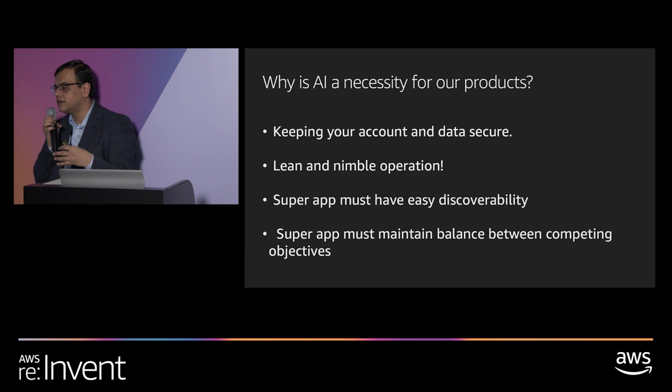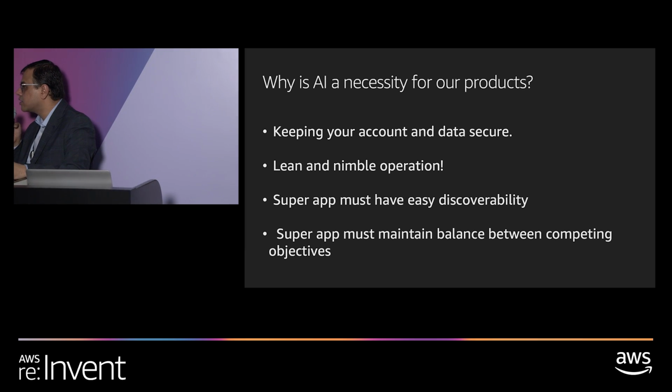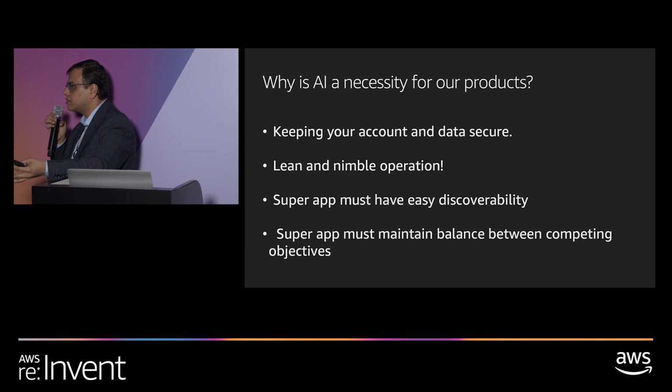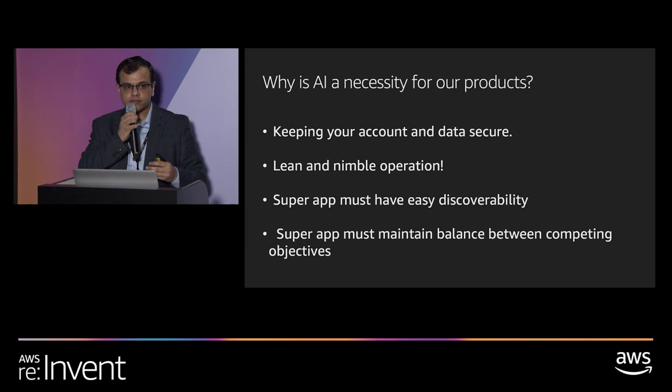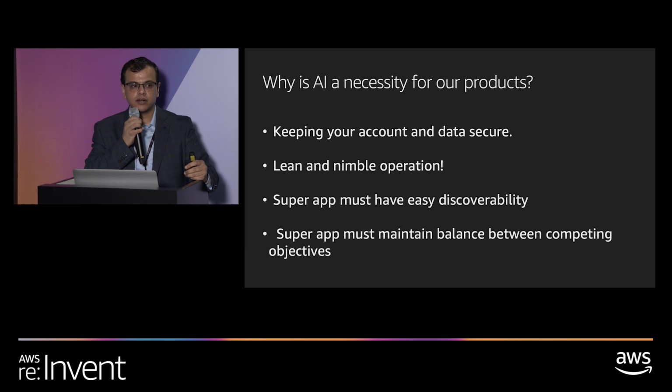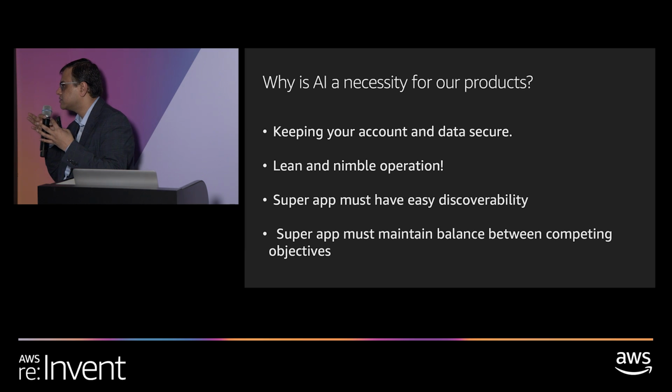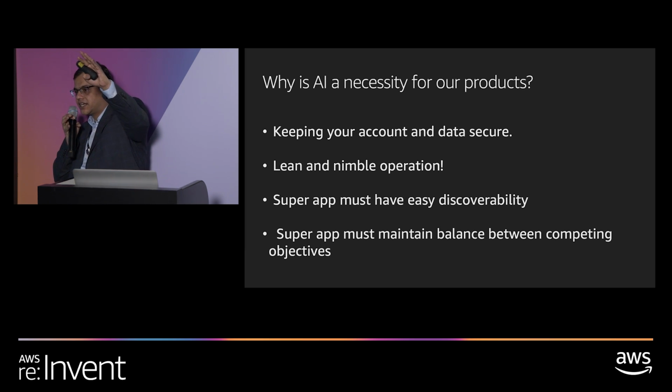Similarly, on the mall side, you have 100 million products in the catalog. How do you ensure that those products are actually getting discovered by the customers and customers are actually able to buy them, right? So we are solving all those problems. And then finally, there are always competing objectives in any super app. You have a transaction, which is very important for the company, and you have to manage the user experience.